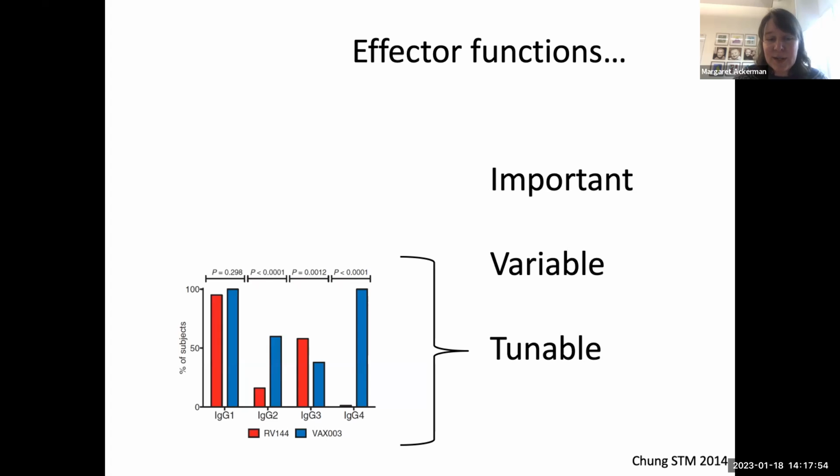And what you'll notice right away is that VAX-003, which used the same protein immunogen as was used in the boosts in RV144, led to a dramatically different profile in the subclasses of antibodies that were induced by the regimen. So this is some evidence that there is an ability to control the types and the characteristics of the effector function responses elicited by immune exposures.